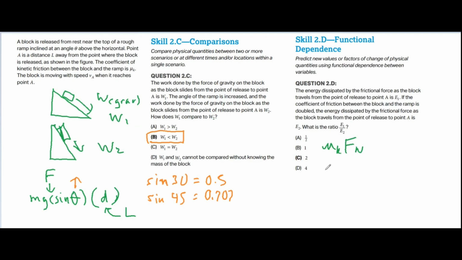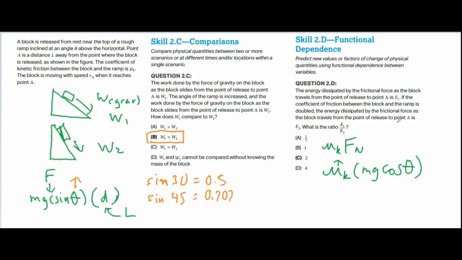So we got mu k times mg cosine theta for our Fn. In the second case, the coefficient of friction is doubled, so this value goes to double the amount from E1 to E2.